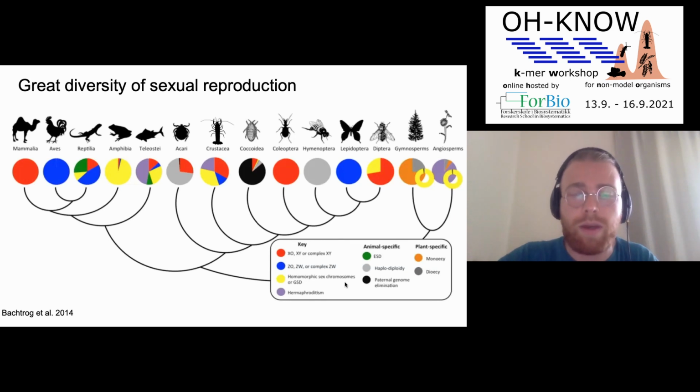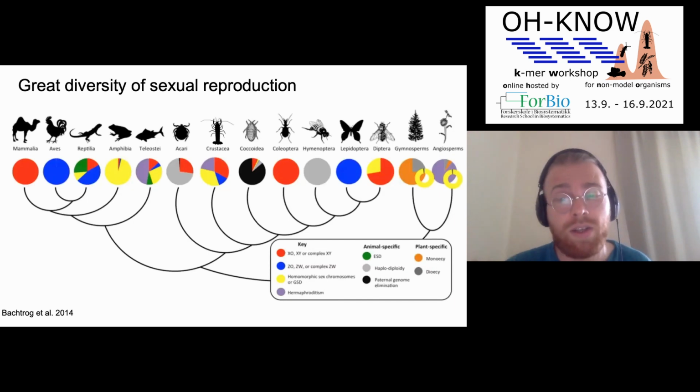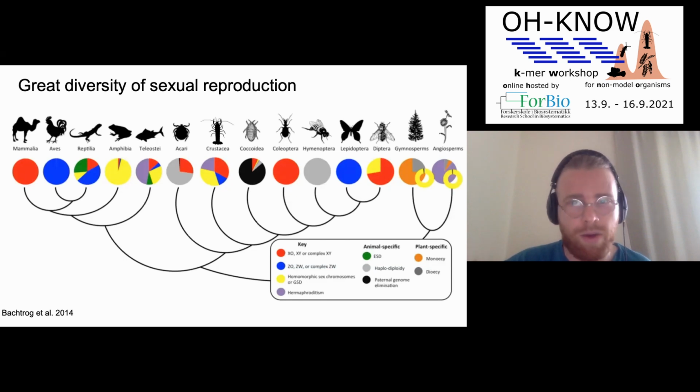We have female heterogamy, where males have the classically fully diploid karyotypes and the females are either missing one chromosome or have a W. Or we have homomorphic sex chromosomes or environmental sex determination. We have haplodiploidy, paternal genome elimination, asexuality. There is an enormous amount of interesting sexual reproduction systems. And one thing we really don't understand is why.